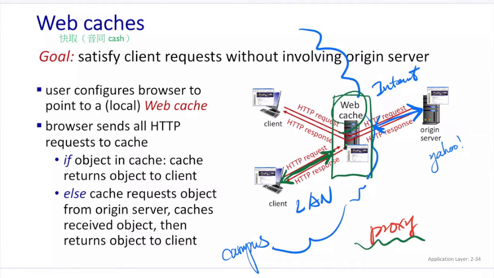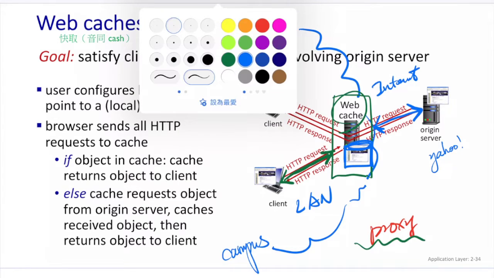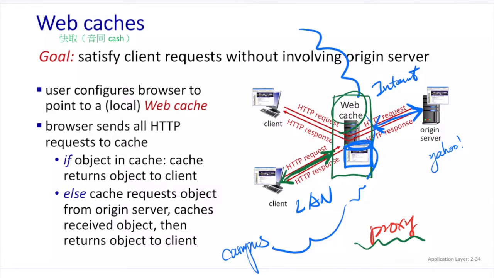And after that, it will store the page in its local storage, for example a database, or a file, or just stored on a disk. And after that, the web cache will send the corresponding front page back to the client.